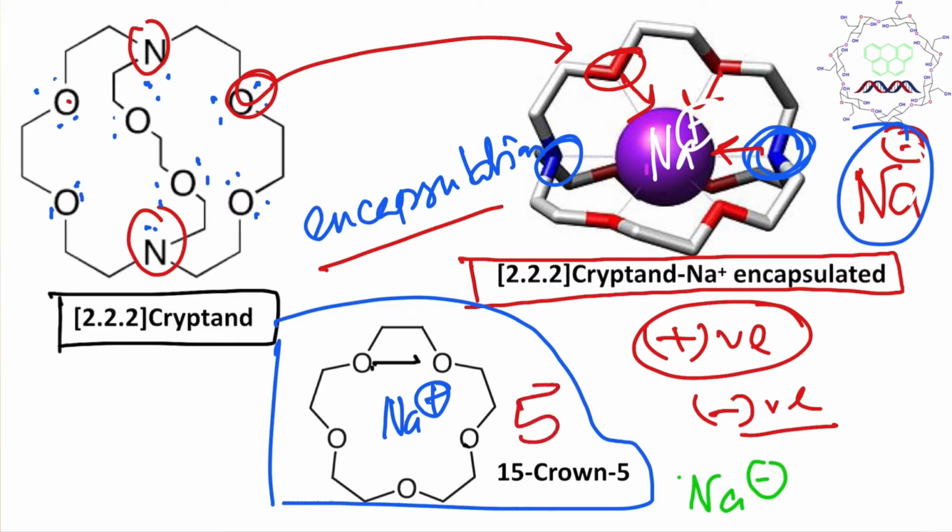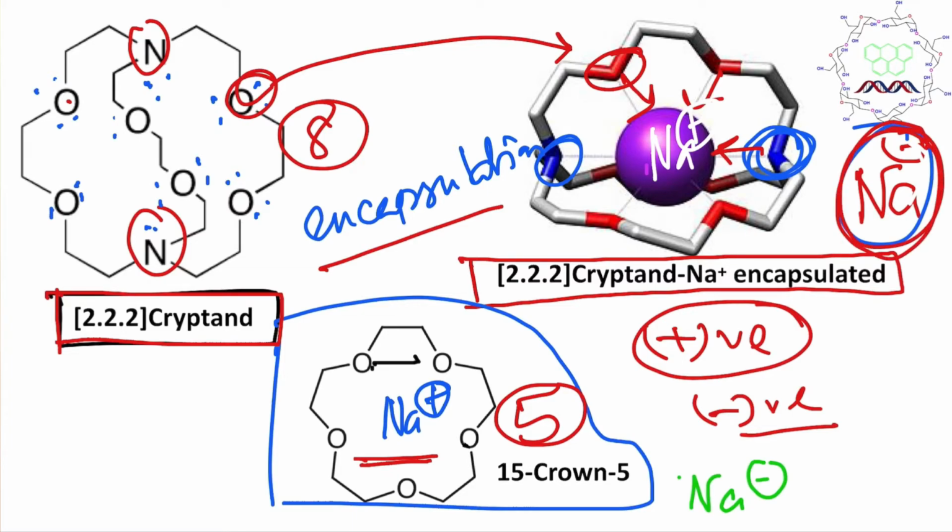So from 5 to 8, increasing the number of donor sites increases the coordination stability. Second, cryptate means it's completely covered, but in the crown it is not completely covered. So stabilization is more in the case of sodium plus interaction with this cryptand 222 ligand. That's why along with this it produces the sodium minus anion.